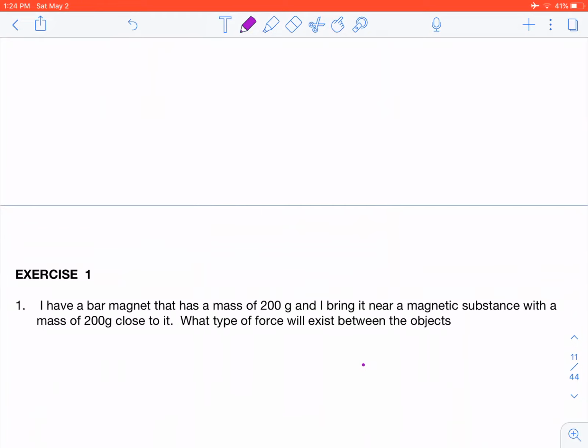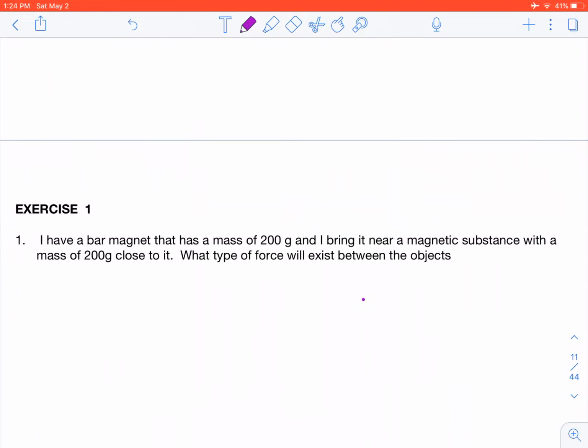Right. So we say, okay, firstly, we know it is a magnetic substance, right? And we know that it has mass. Is this object charged? No, I haven't referred to the charge at all here.